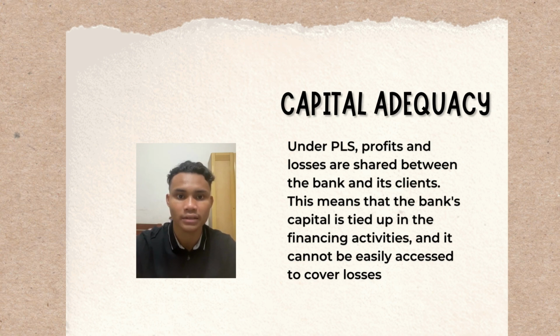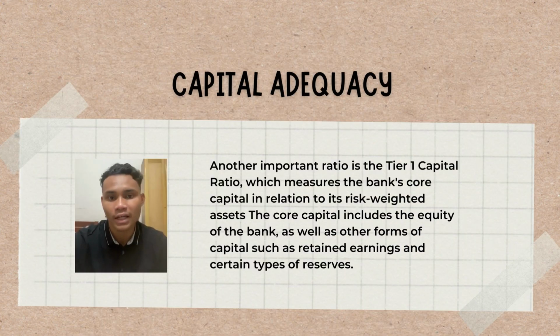This means that the bank's capital is tied up in the financing activities and it cannot be easily accessed to cover losses. To address this issue, Islamic banks use a different set of capital adequacy ratios that take into account the unique nature of their financing activities. Another important ratio is the Tier 1 capital ratio, which measures the bank's core capital in relation to its risk-weighted assets.